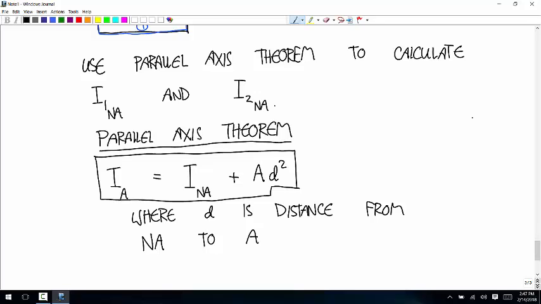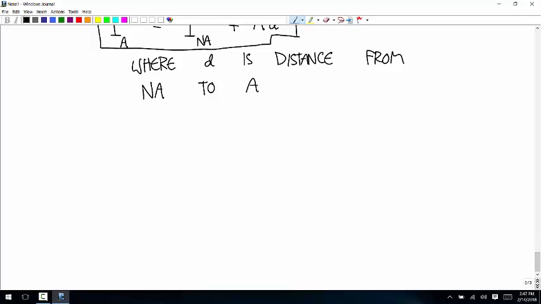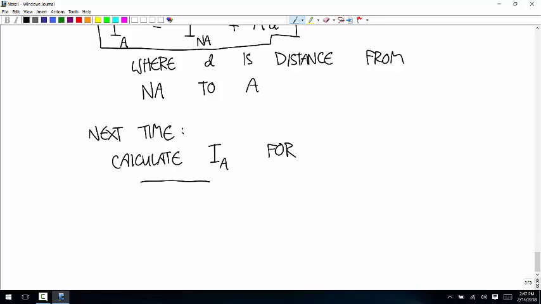Okay, so next time, I'll calculate the area moment of inertia for an I-beam.